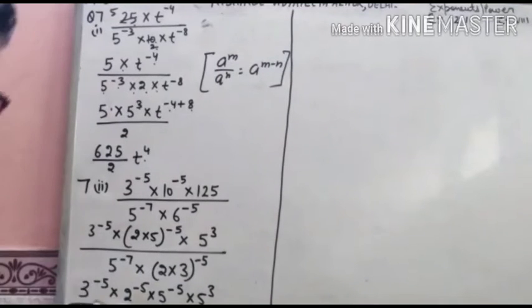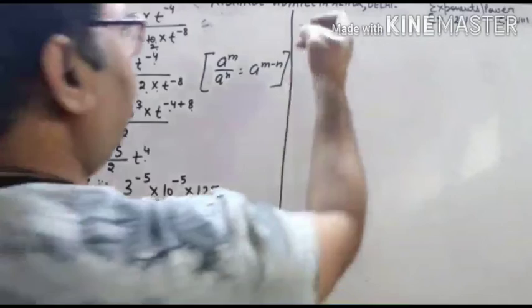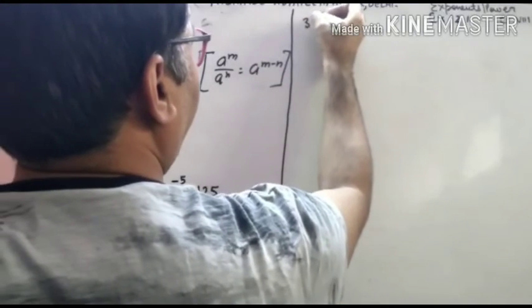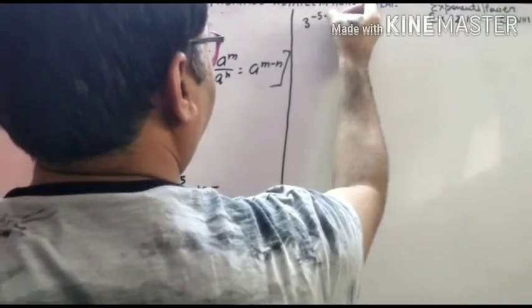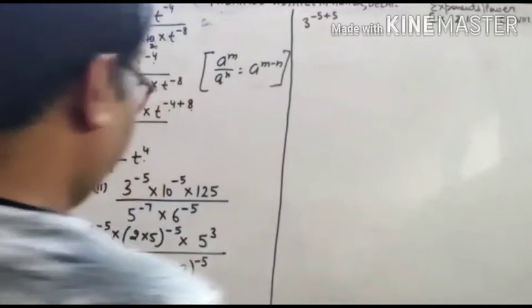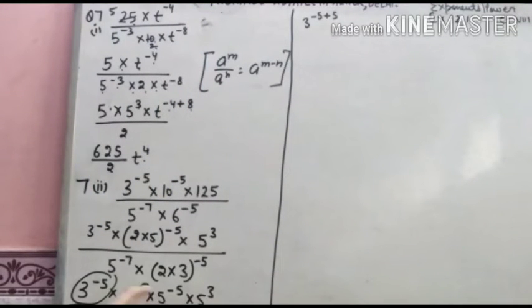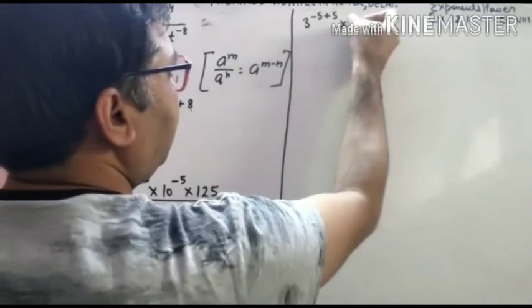Now how can we do it? Yes students, here we will apply the law of division. It will be 3 to the power minus 5 plus 5. This minus 5 will become positive.